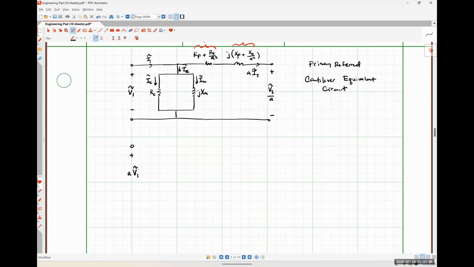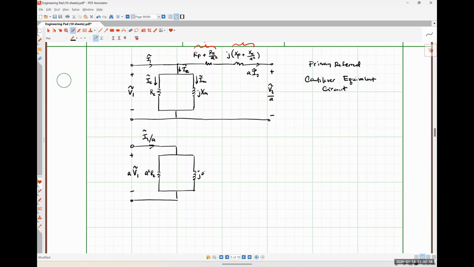So here's AV1. This is our current that is I1 over A. So I'm going to refer this shunt branch over to the secondary side. So this is going to look like A squared RC.